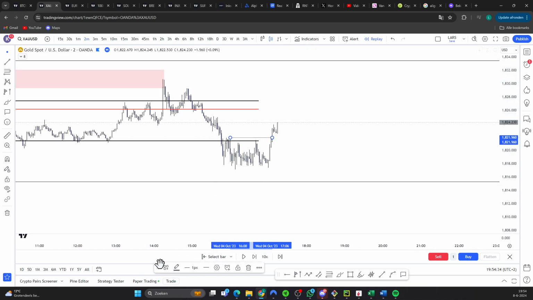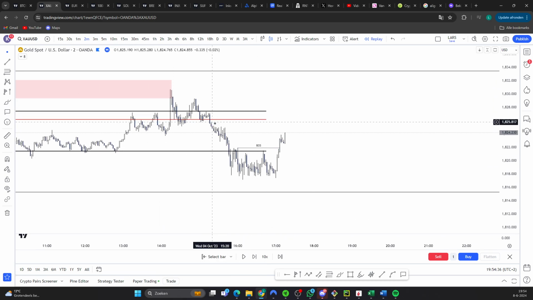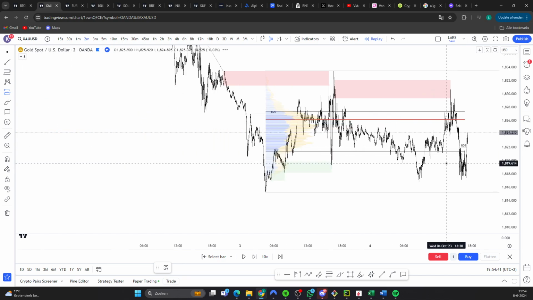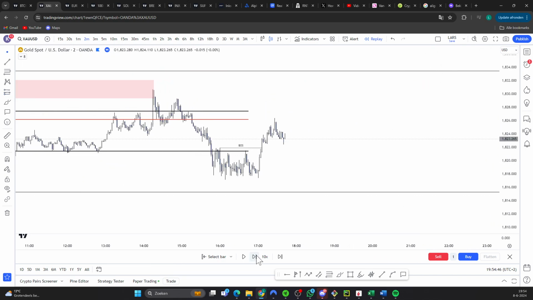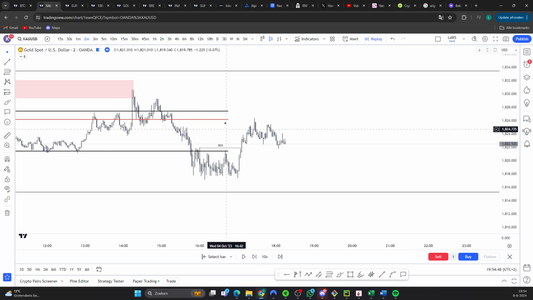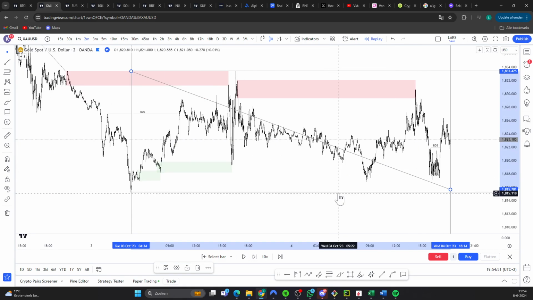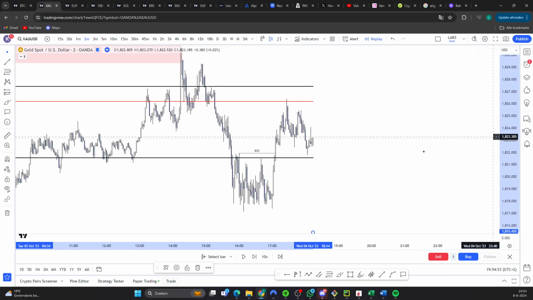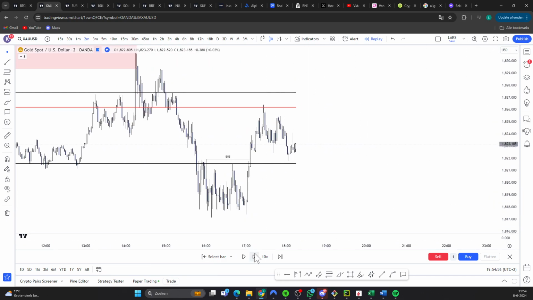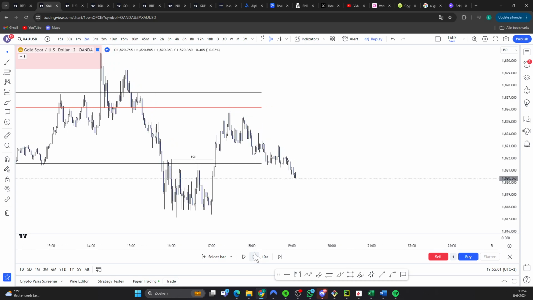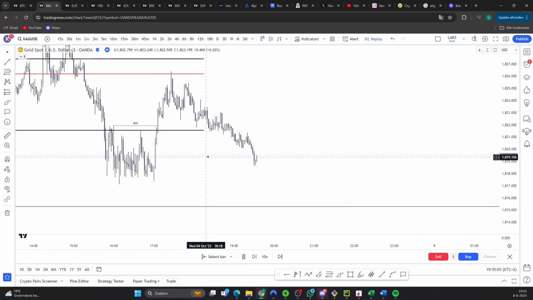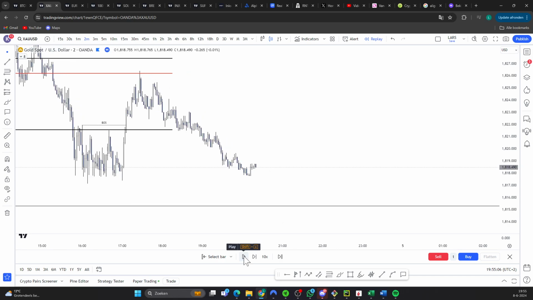Breaking structure back inside. And then since then, we just had a slow grind down.